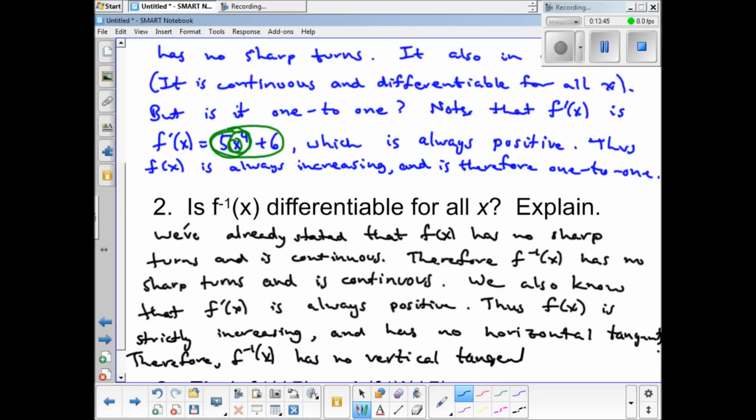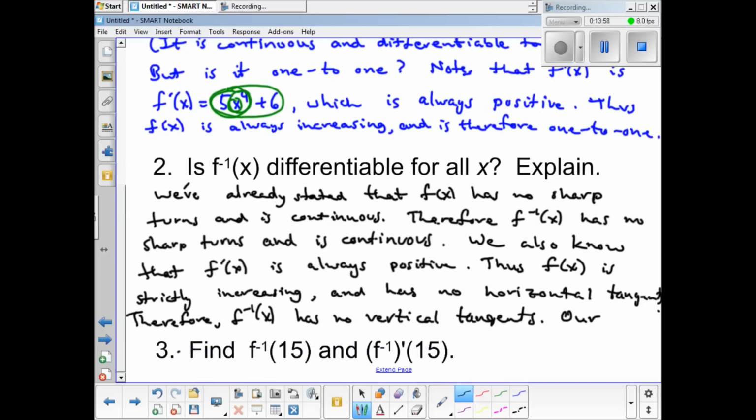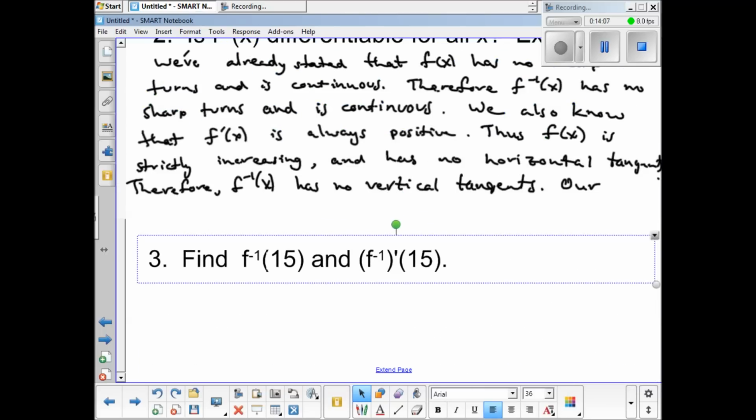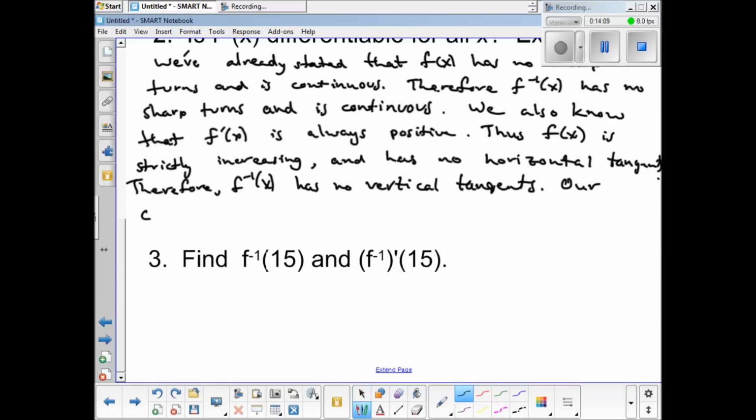Having established that there are no vertical tangents and no sharp turns, we can say yes. Our conclusion is that f inverse of x is differentiable.